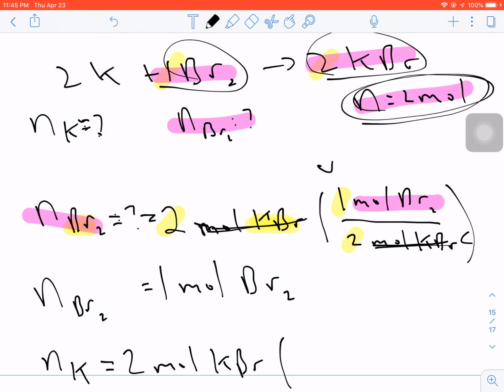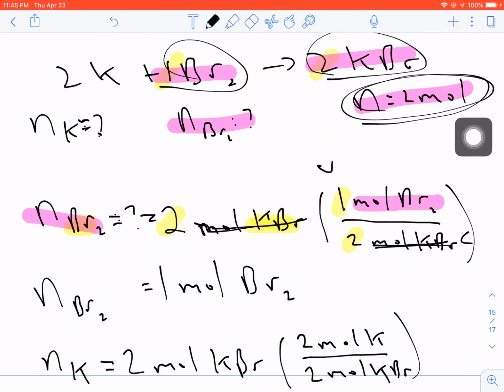And then I'm going to use my mole ratio. I want to know how many moles of K from my balanced equation. I can see in the balanced equation there's 2 moles of potassium and 2 moles of KBr. And then I was given this 2 moles in the question, and that's the 2 moles that I have down here.